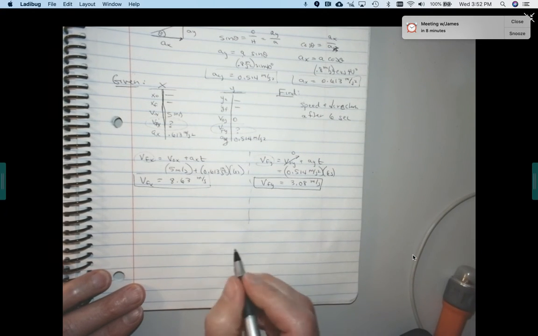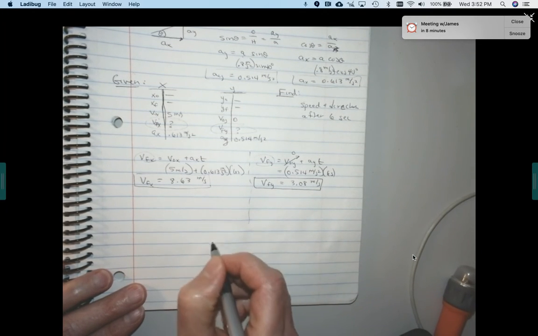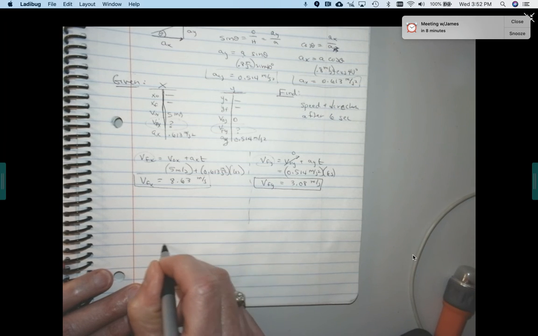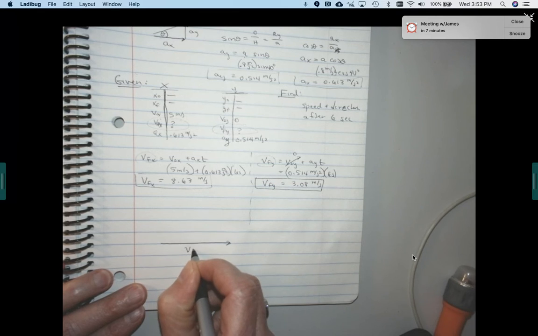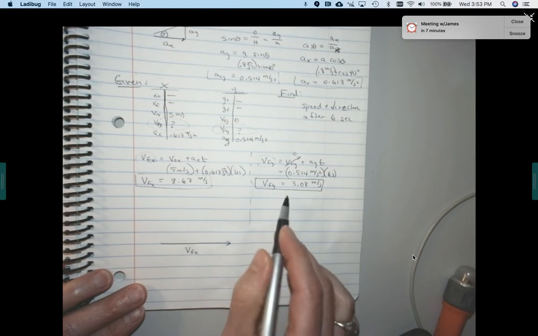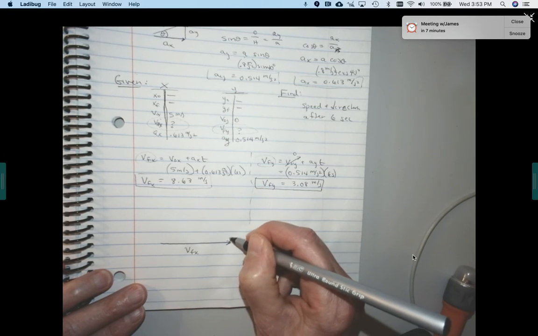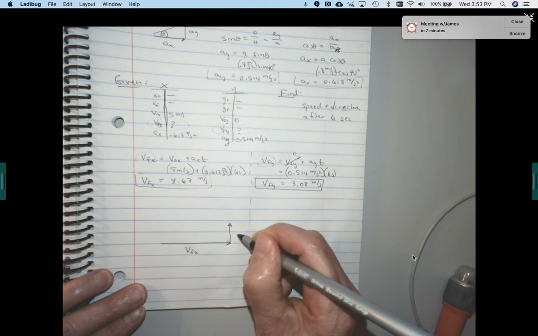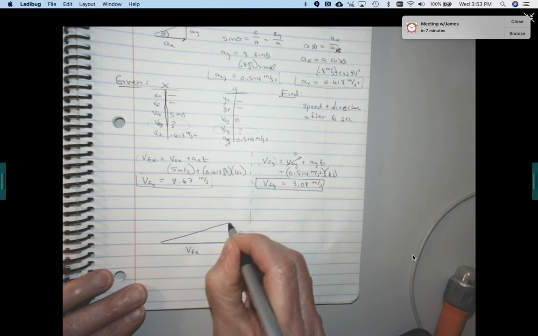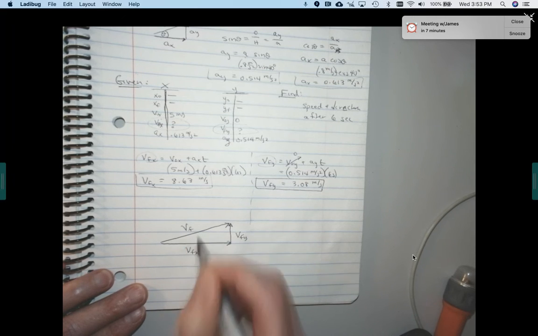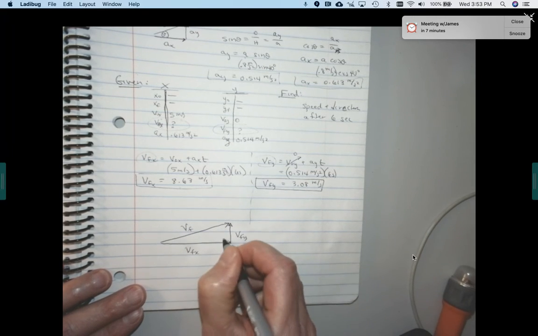Okay, so this looks like, if I just draw out my vectors, and you always want to do this, we can have a long one for v final x, because that's 8.63. This one's shorter, 3.08. So that would be v final y. And then that's v final, the hypotenuse of that triangle. This is my right angle.